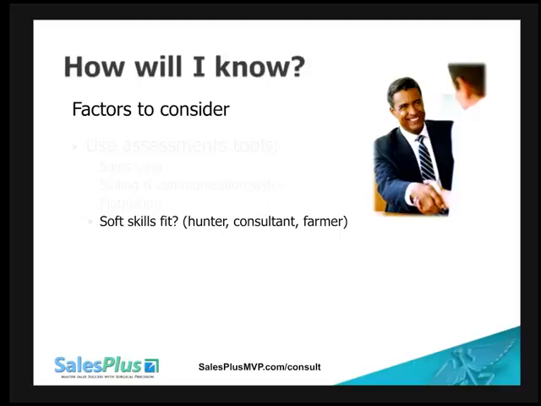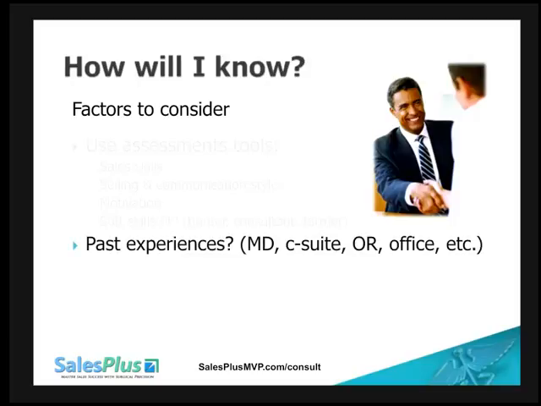Now, you may have a business where everyone's a hunter, but if you're bringing on a new product and you have a territory that needs a softer touch, or you need someone to go in there with a different skill set to develop that territory, again, having a baseball team of all third basemen, it's going to be very hard to win a game. You may need a team with different styles and different experiences on there.